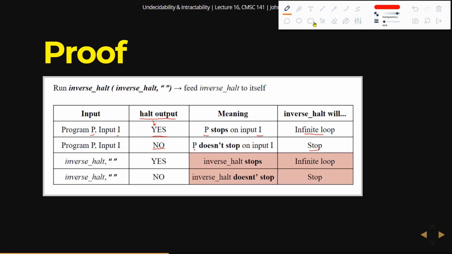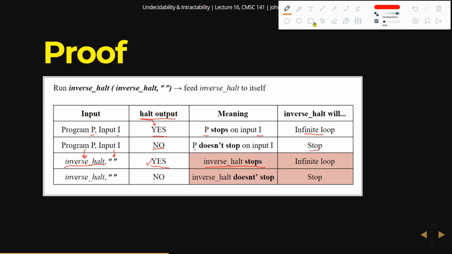But what if this time inverse halt is our program, and our input is just any blank string? So if it's inverse halt following this pattern, if halt says yes, that means that the program stops, right? The program stops here because P stops on input I. So halt said yes, so inverse halt stops.